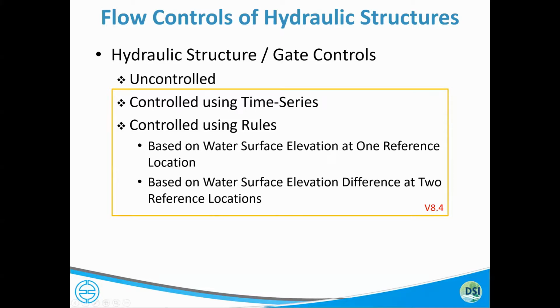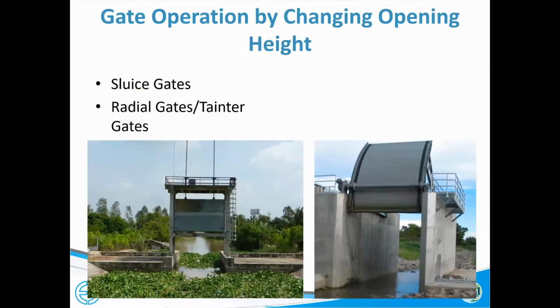And just as an example, we're looking here at typical approaches where you have a gate where the gate height is changing with time, and that would be, as an example, a tainter gate where water levels are varying and the gate can open and close either based on a time series or based on the actual water levels.